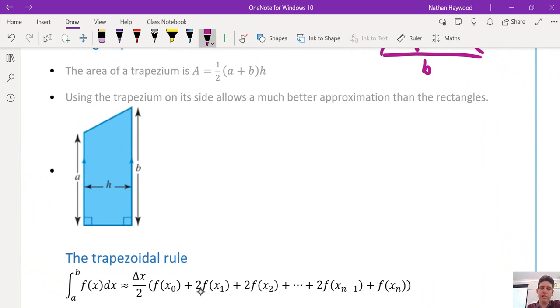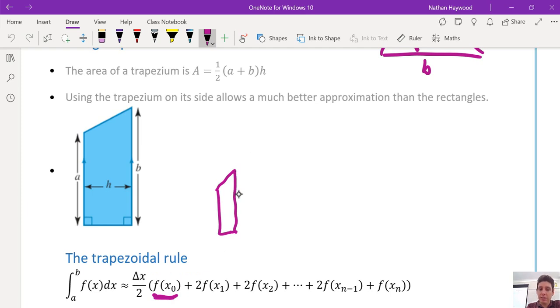Why is there a 2? Good question. So this is the first y. You guys listening? Shh. This is the first y. This is the trapezium. The first y plus the second y times by the width divided by 2.